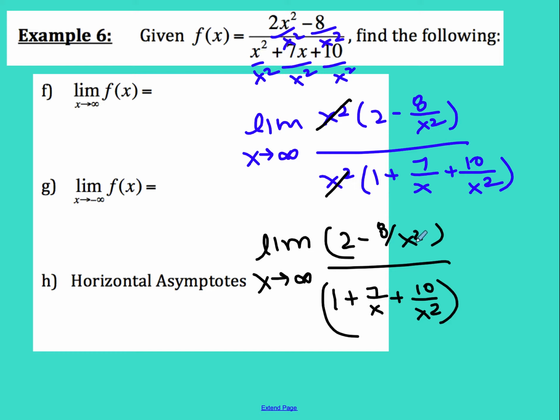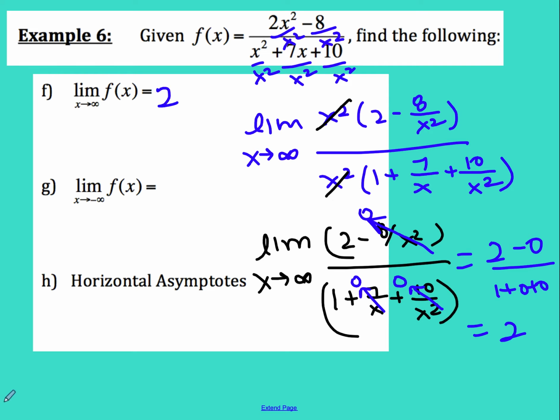So when I plug in infinity, this approaches 0, this approaches 0, and this approaches 0. So I would be left with 2 minus 0 over 1 plus 0 plus 0, which gives me 2. And if I were to plug in negative infinity, those would approach 0, so I would be left with the same result.